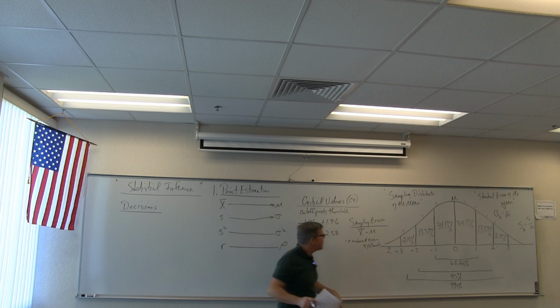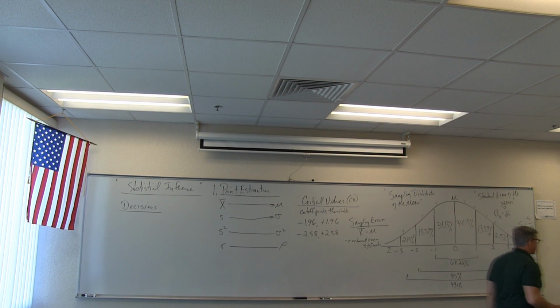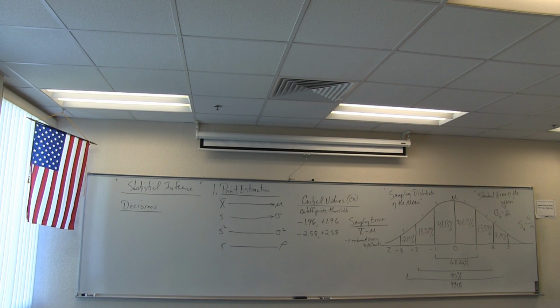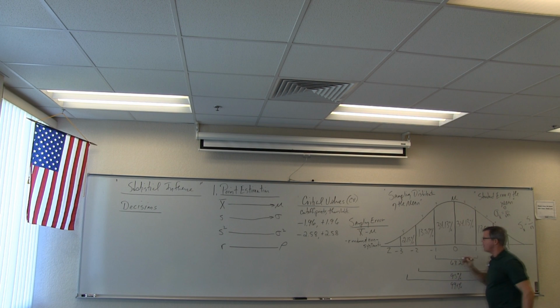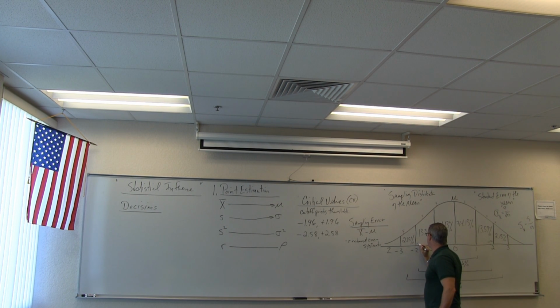Let's go back to our sampling distribution and see what these numbers really mean. 1.96, negative 1.96.